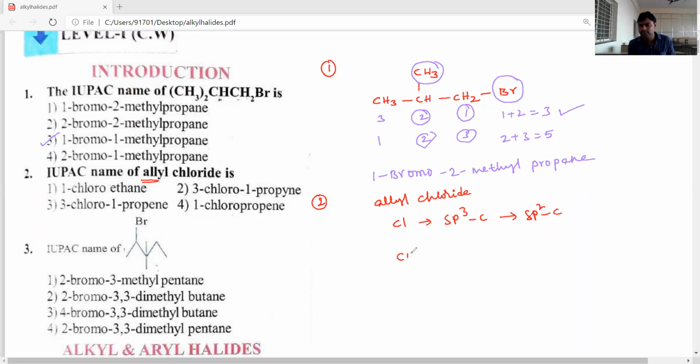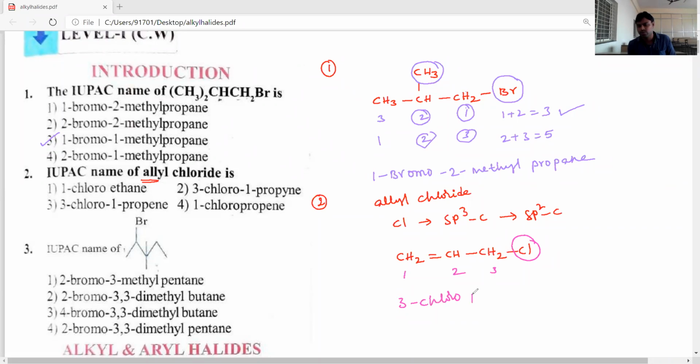So the general representation of primary allyl chloride is CH2 double bond CH bond CH2 bond Cl. This is allyl chloride. Now its correct IUPAC nomenclature we need to write. Once you observe this structure, the double bond is present and the chlorine substituent is present. So first the functional group gets more priority, then double bonds and then triple bonds. So according to that, the double bond gets more priority, or the least number we need to give, then it is 1, 2 and 3. Now its IUPAC name is 3-chloro.